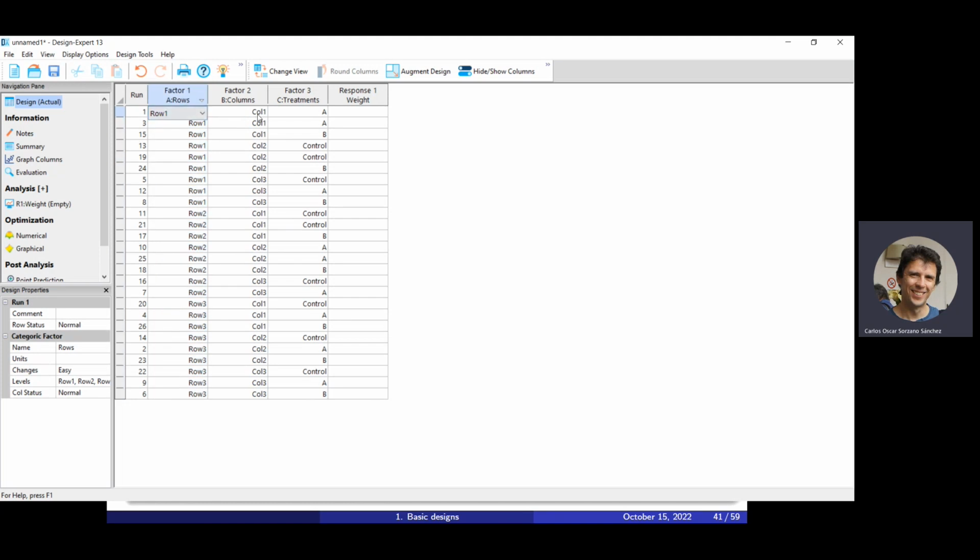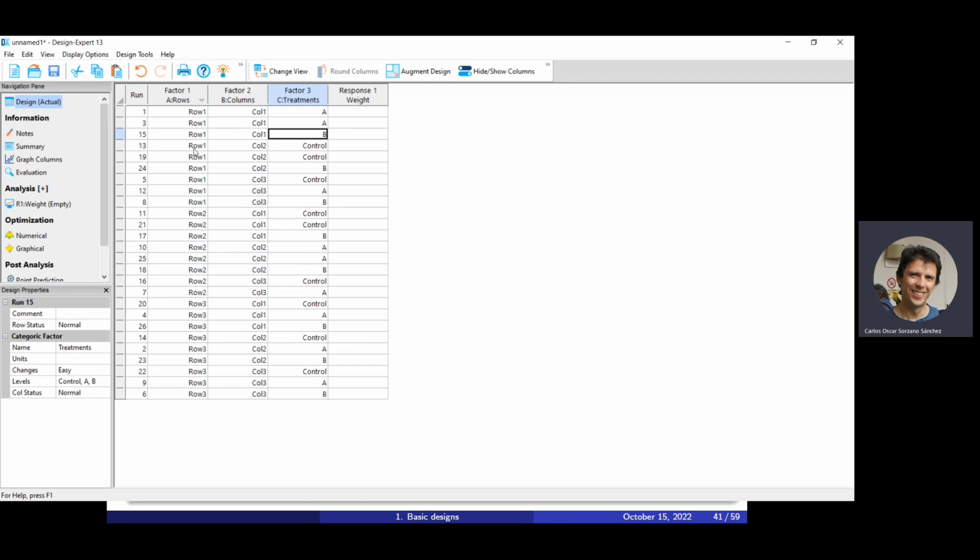So row 1 and column 1 has three treatments. So we will split it in three parts. In one of the parts, we will apply A, in the other part, A, and then B. So you see that they don't even need to be well balanced within each one of the groups.